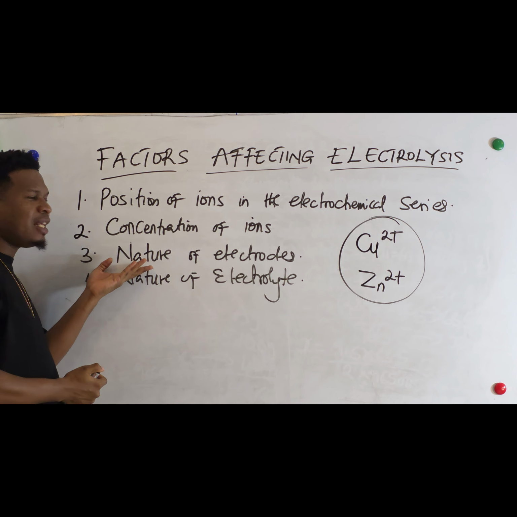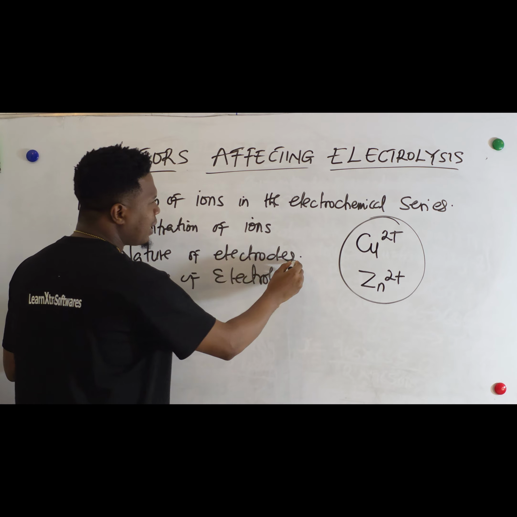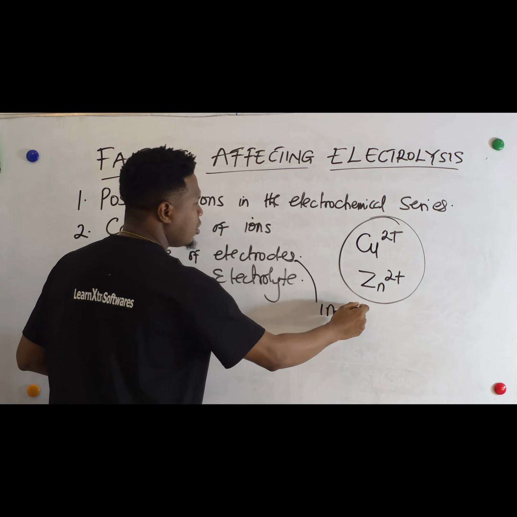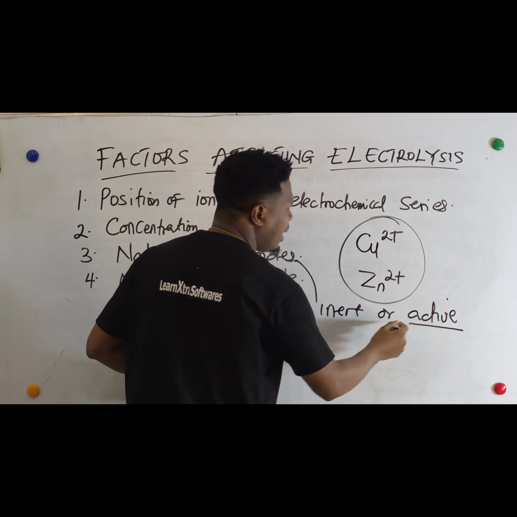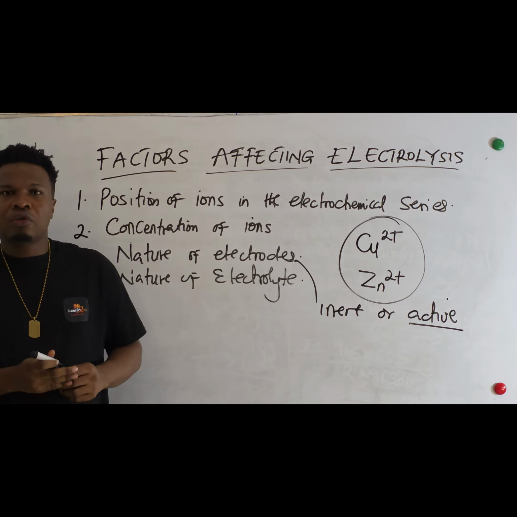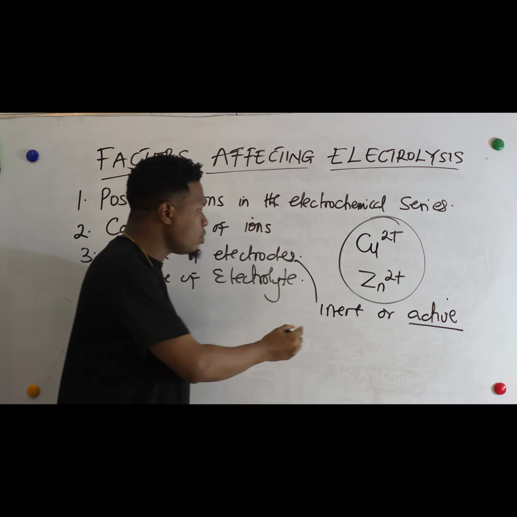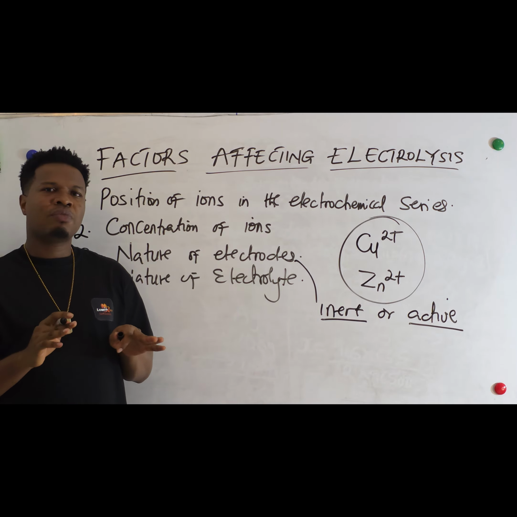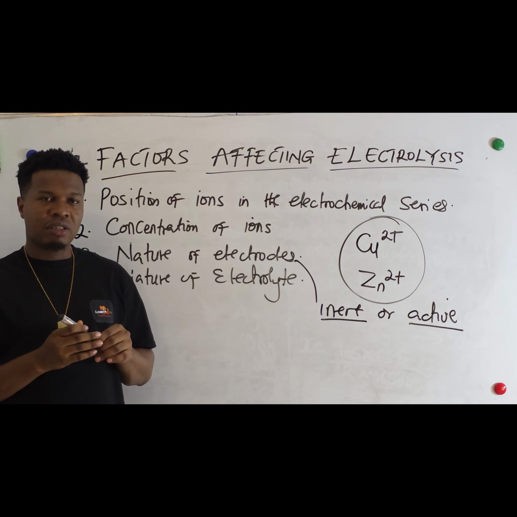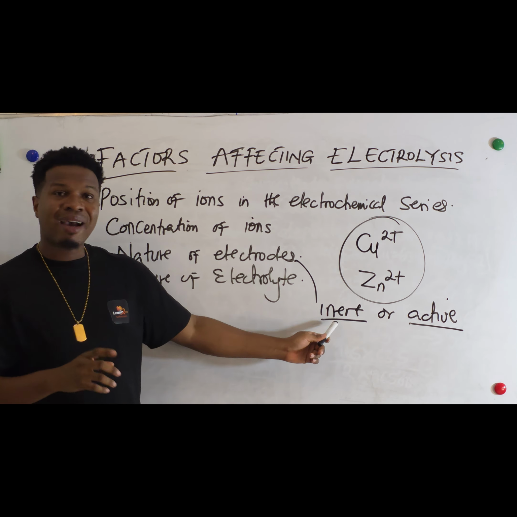Now the next one is the nature of the electrode. Electrodes can either be inert or active. Some electrolysis requires you to use an active electrode, while some requires you to use an inert one. Inert means they are not going to be active; they will just be silent throughout the electrolysis, because if they are active, they might affect the electrolysis.